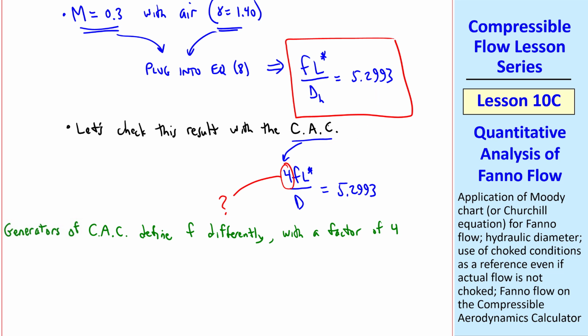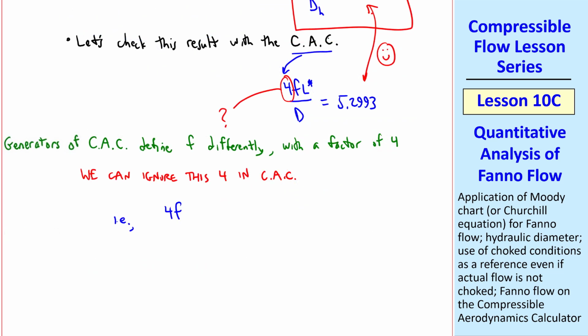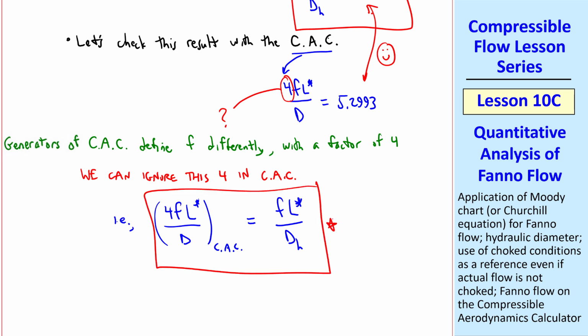So for all practical purposes, we can ignore this 4 in the CAC and just use it to mean this collection of terms in our equation 8. And they do agree, which makes me happy. In other words, 4 f L star over D in the compressible aerodynamics calculator is the same as our f L star over D_H. So as long as you remember that and don't do something with that 4 like divide it out, you can use the compressible aerodynamics calculator.